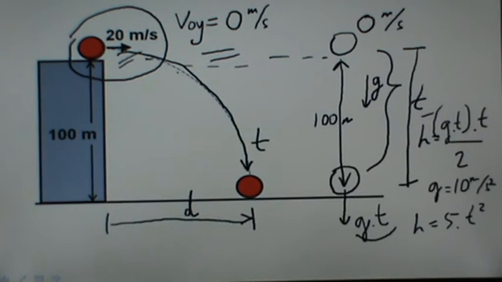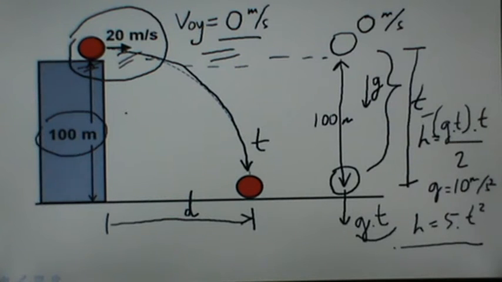So here we also have the same situation in which the initial speed in the Y or vertical direction is 0, so the traveling time of the ball to the ground related to the vertical distance traveled can be related by this equation.